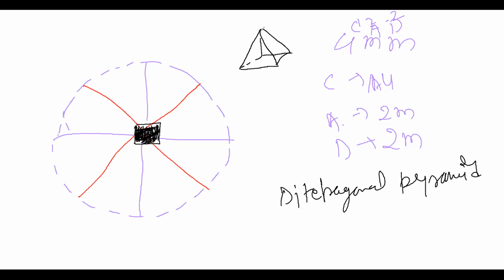But it is ditetragonal, so there are eight faces on the upper side only. Starting with this, since here is the motif, here it has to be. Here also it will show. Here also it will show. And here it is going to show once again. So 8 faces like this there will be.